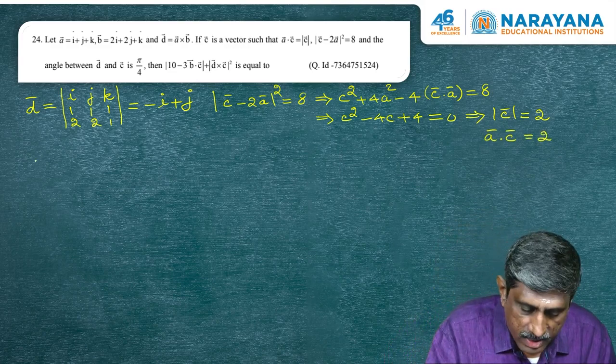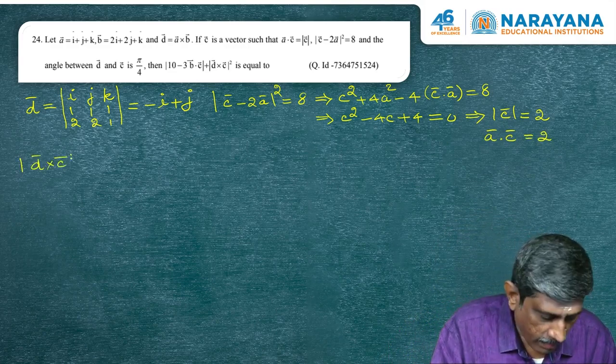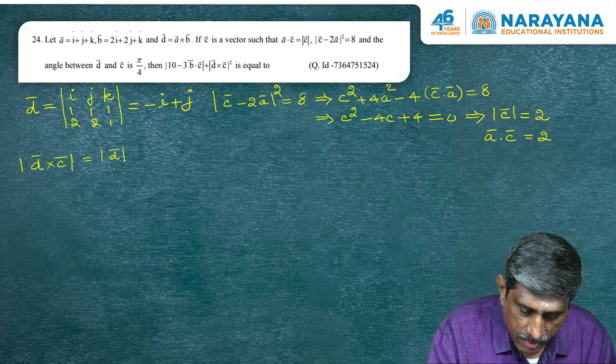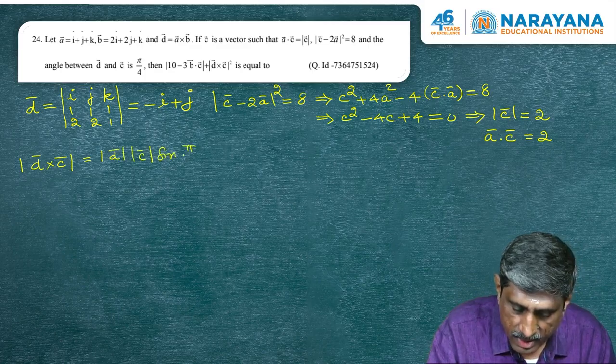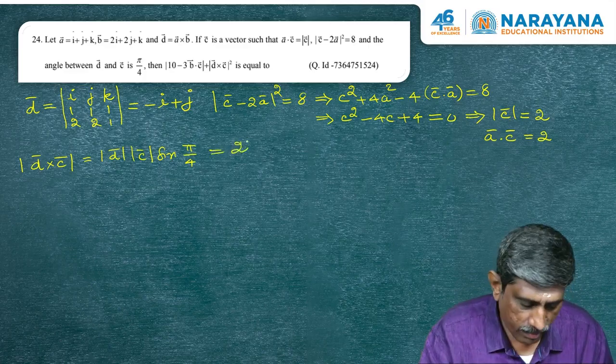Now, let us calculate modulus of D cross C. Modulus of D cross C is equal to modulus of D into modulus of C into sine of the angle between D and C, which is given as pi by 4. On simplification, we are getting it as 2.